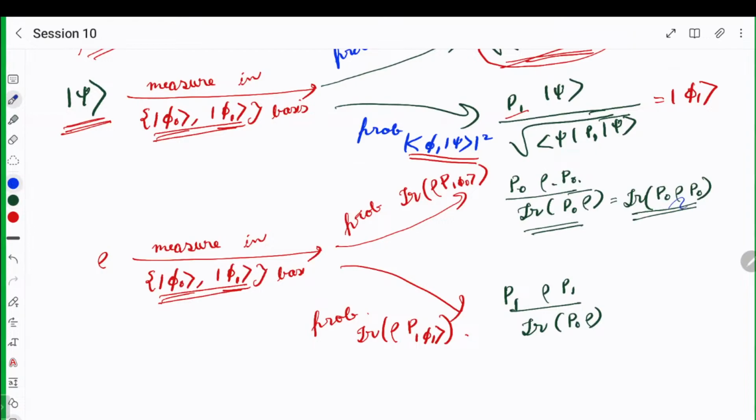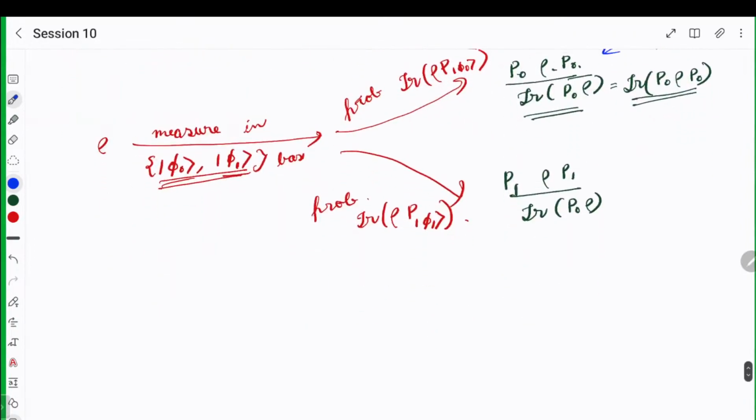Remember, our normalization condition is now that the trace of the density matrix should be 1, because that is what now defines my total probability. That's why we divide by the trace of itself, so that the trace of the whole thing becomes 1.